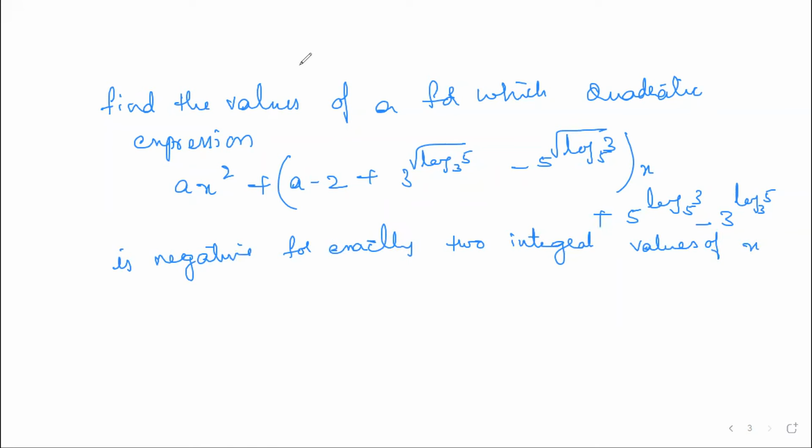So we are supposed to find the values of a for which this quadratic expression is negative for exactly two integral values of x.